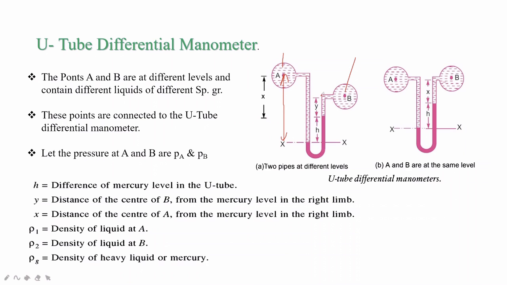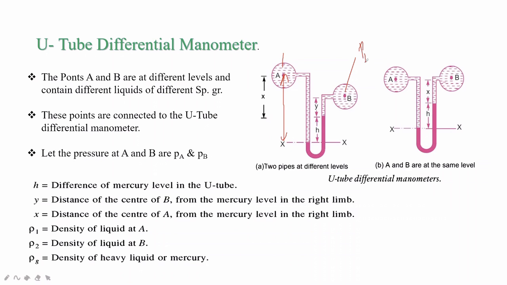Here h2 is not there. What is there is y and h, but we have two different types of liquids here. So when there are two different types of liquids, what do we do? We take each one separately.